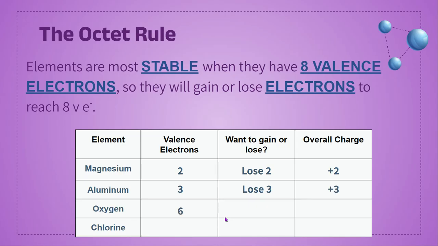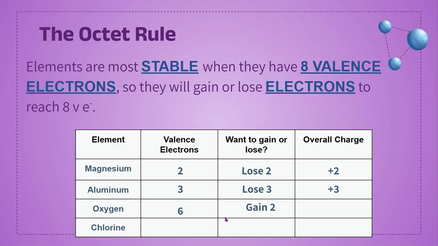Now, when we get to oxygen, oxygen is in group 16, so oxygen has 6 valence electrons. And the thing you want to remember is atoms are lazy. They want to do whatever is easiest. So atoms are going to want to gain or lose the smallest number. While oxygen technically could lose 6 electrons, the easier route for it is to gain 2 electrons.